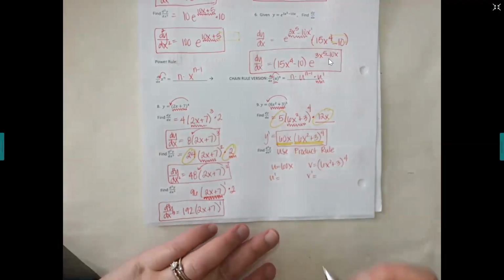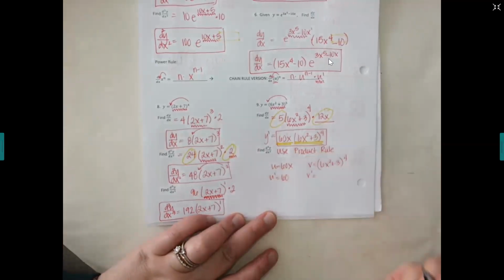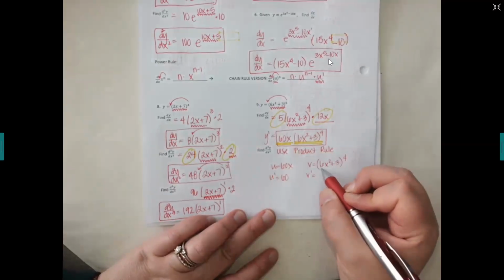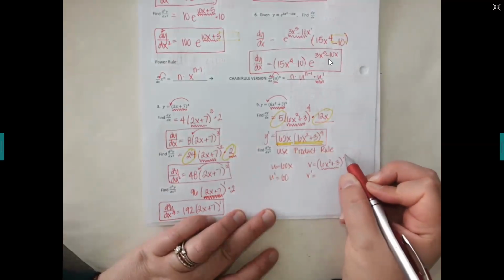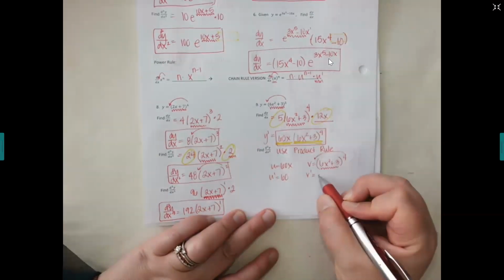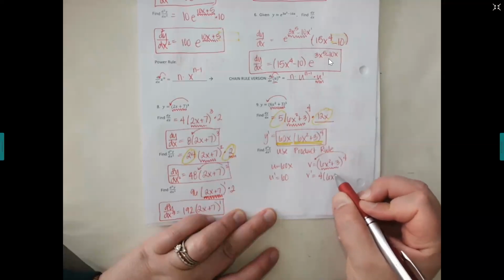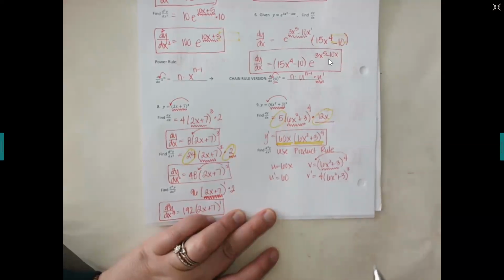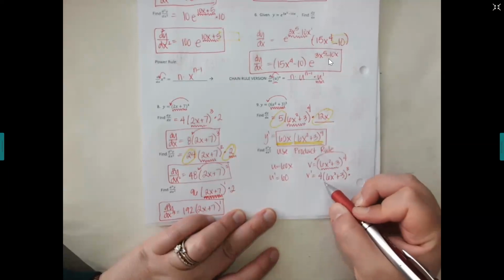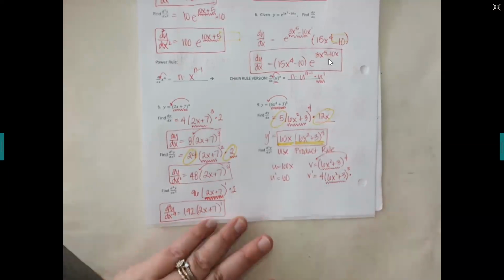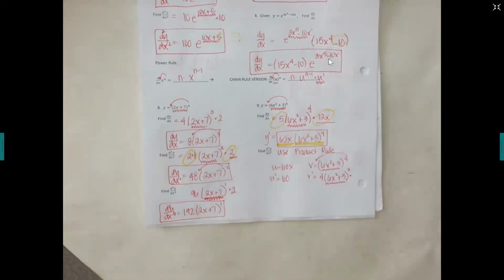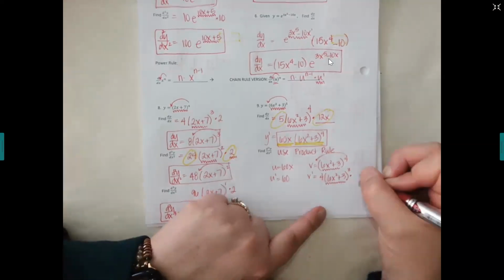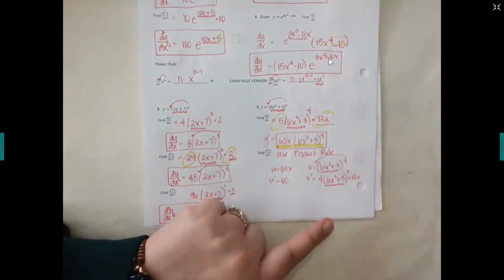So 60x, the derivative is just a 60. For v prime, I'm gonna take the derivative around the core. So my 4 is gonna come down to the front. My 6x squared plus 3 is now to the third. But then I have to times by the derivative of that core at the back. So 6x squared plus 3, my derivative in the middle is still a 12x.